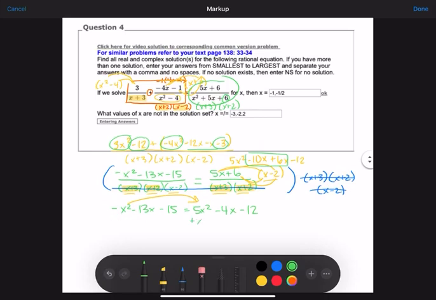I'm going to add x squared, I'm going to add 13x, and I'm going to add 15. And this is all going to give me 0 on this side. So I'm going to get 6x squared plus 9x, and then over here I get plus 3.